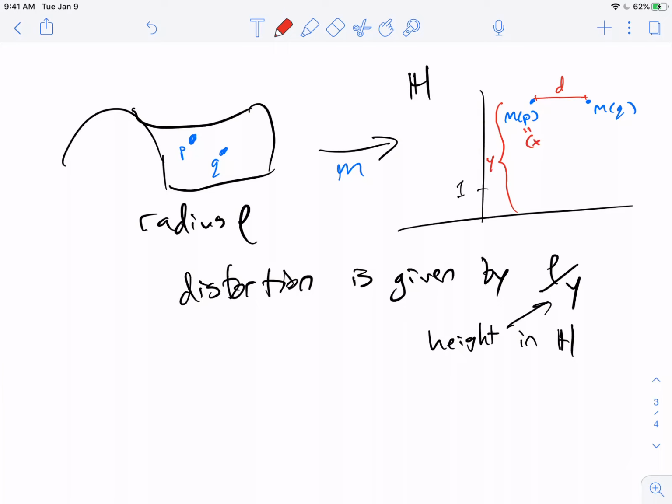So this point looks like x1 comma y. This point looks like x2 comma y. So of course D then is just x2 minus x1, right?